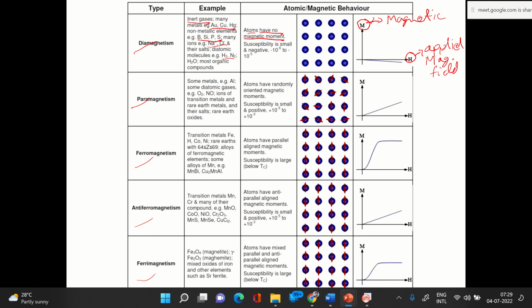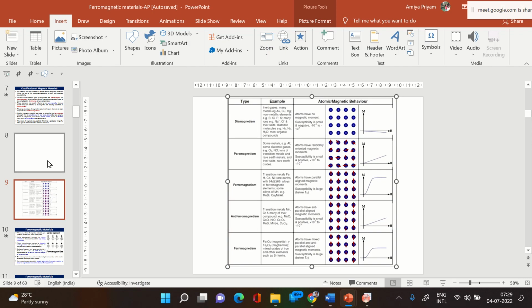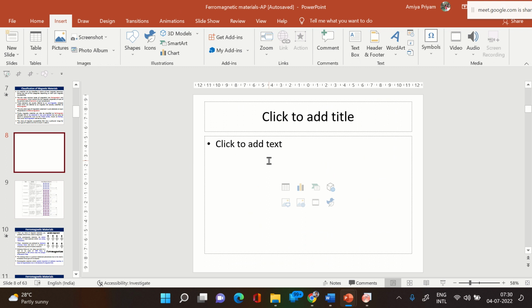So this is magnetization. What is magnetization? You can understand it this way.